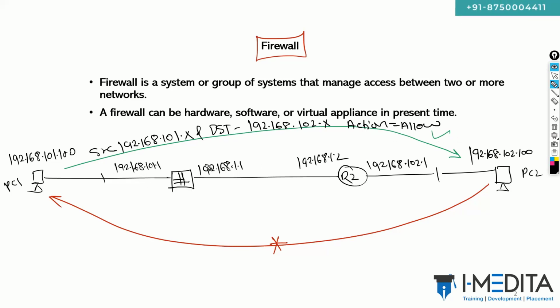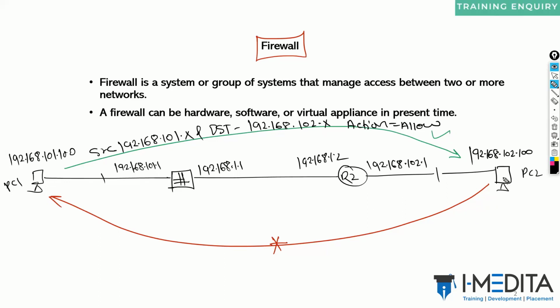So what is the rule? The rule says that the 101.0 network can communicate with 102.0. The rest of the hosts can't communicate with each other. Clear? Because when traffic comes from PC1, source will match, destination will match, it will be allowed.